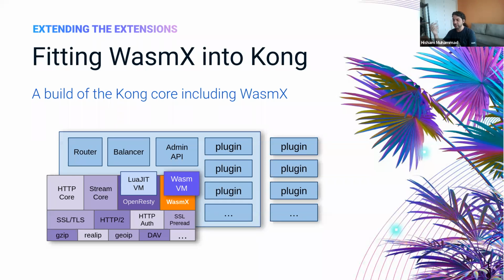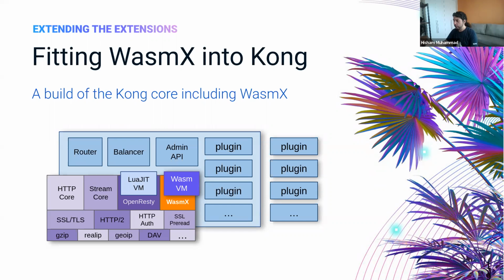So how does it interact with all of the other parts of the execution, which are all written in Lua? We need to make a connection with that part as well, because WasmX itself is an Nginx module. It really knows about Nginx. It doesn't know about OpenResty or LuaJIT or the like. So we actually need to add an additional bridge into that.